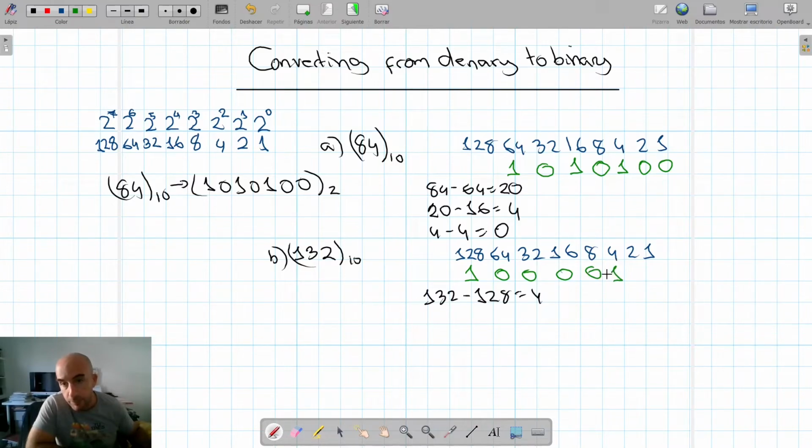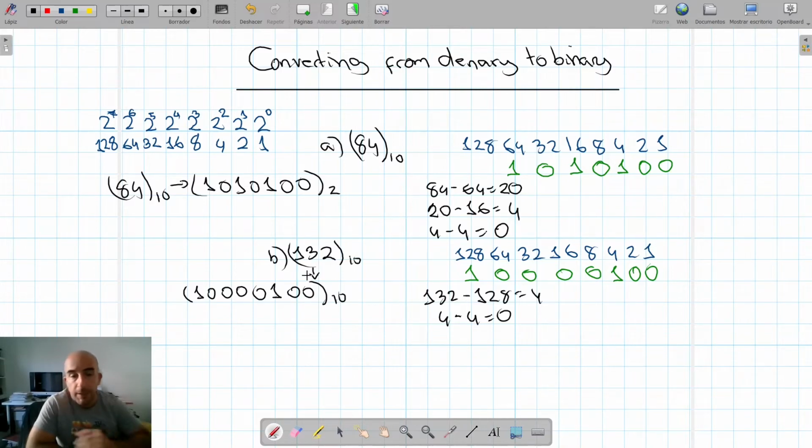That's the 4, so we write a 1. 4 minus 4 is 0. We don't have any other remainders, so we write the rest of the positions to the right as zeros. Okay, so 132 can be written in binary as 1, 0, 0, 0, 0, 1, 0, 0.